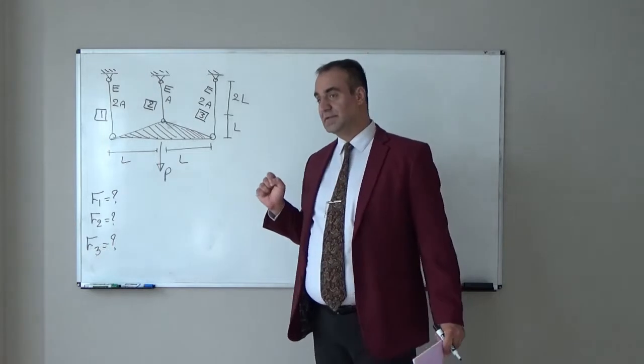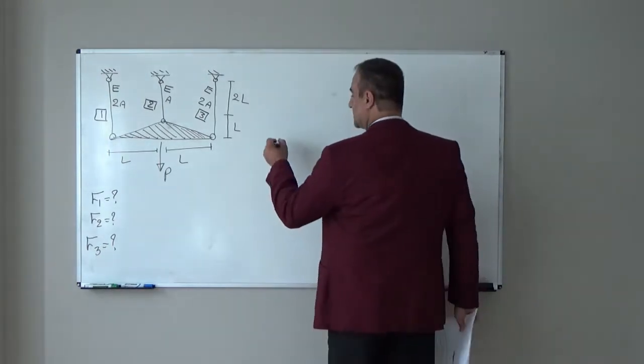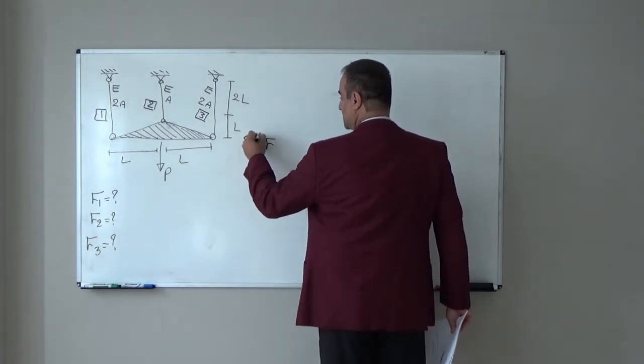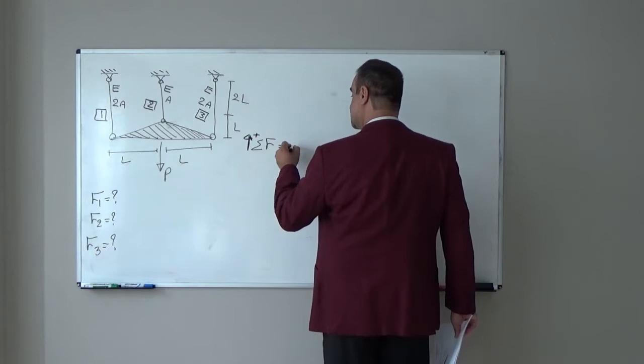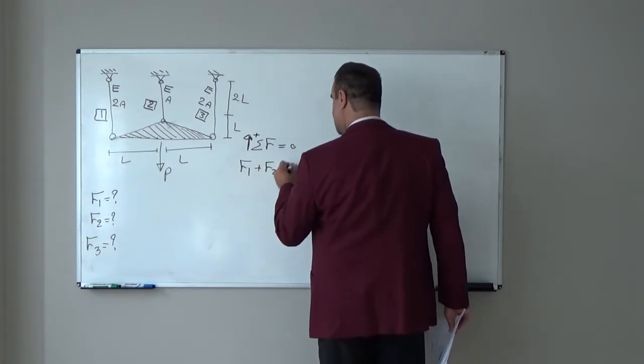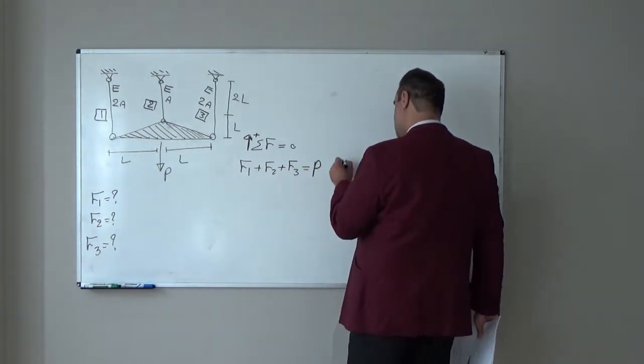How can I find them? Because it is a plane structure, I can write summation of forces in the vertical direction. If I write this, I will end up with F1 plus F2 plus F3 is equal to P. That is one equation, equation 1.